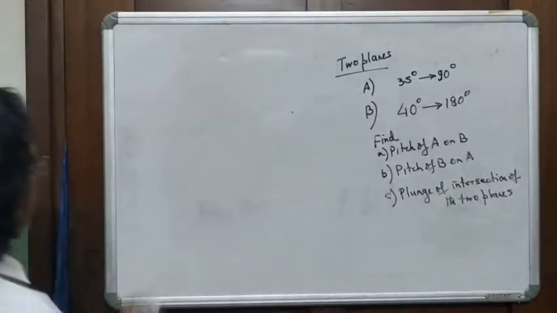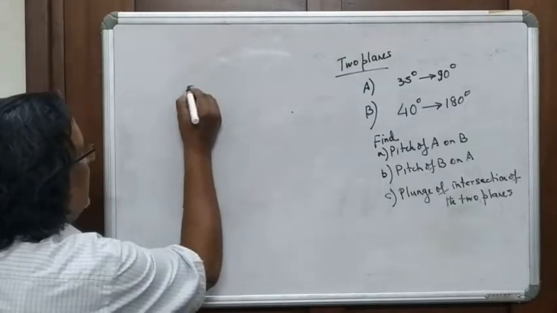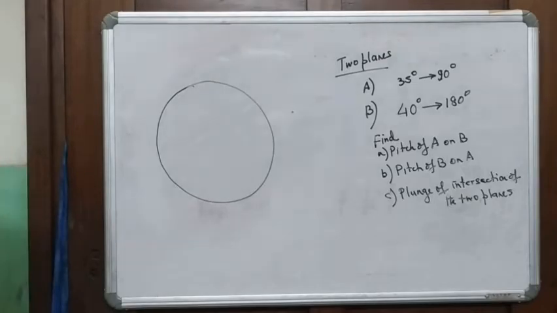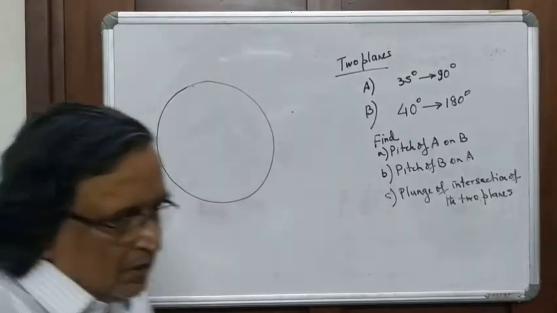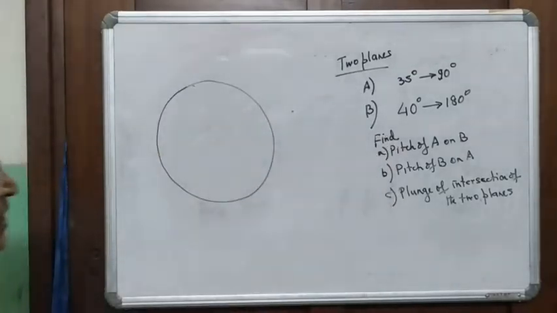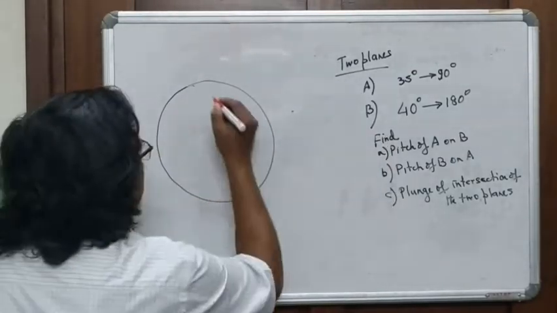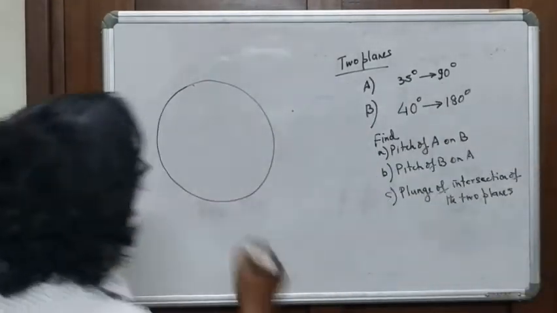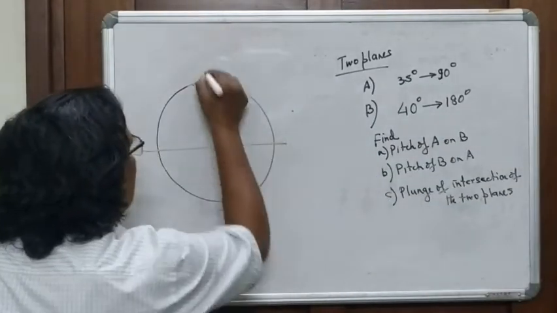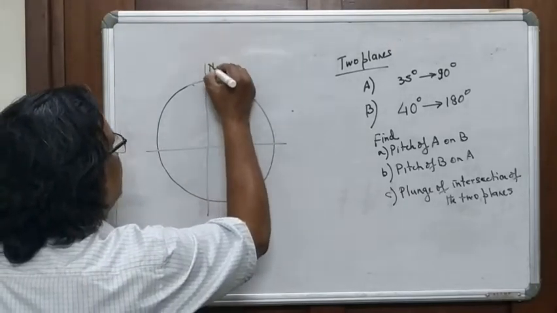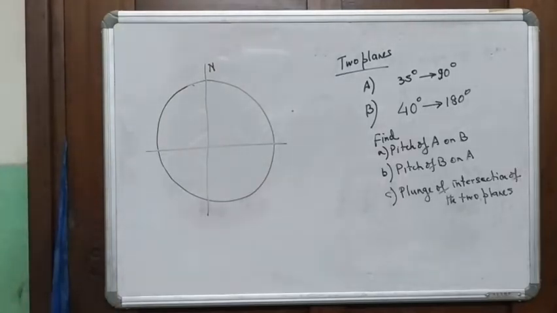Okay, so we start back to the stereogram, right? And we start with plane A, 35 degree towards 90 degree. North. 35 degree towards 90 degree. This is 90 degree.